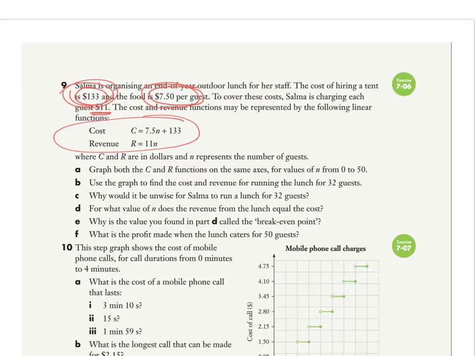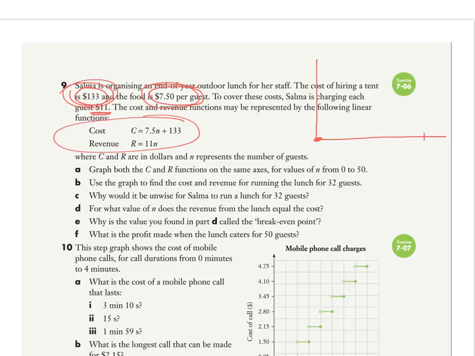Now, quite difficult to graph, so again, hard to draw it, but for 0, the revenue, if no one comes, the revenue is 0.